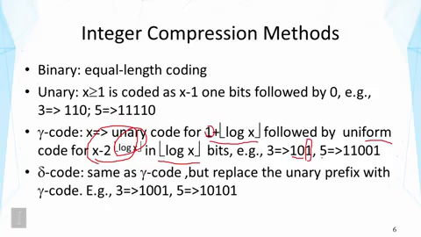Now, similarly, 5 is encoded as 110 followed by 01. And in this case, the unary code encodes 3. And so this is the unary code, 110, and so the floor of log of x is 2. And that means we're going to compute the difference between 5 and 2 to the 2. And that's 1. And so we now have, again, 1 at the end.